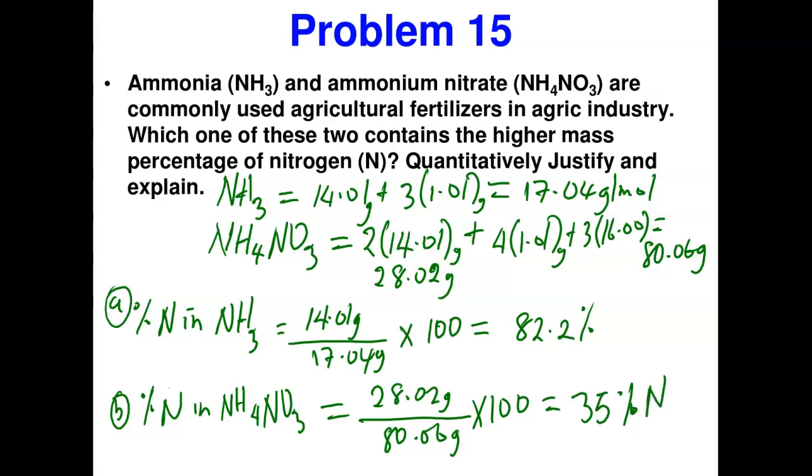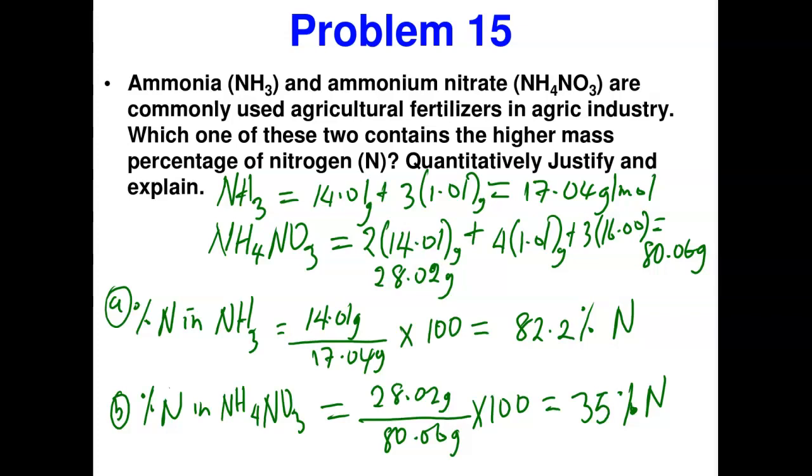Now, you see, ordinarily, if you did not solve this problem, you can make a very erroneous assumption that since this one contains 28 grams of nitrogen by mass, it actually has a higher percentage of nitrogen. But that is not so.